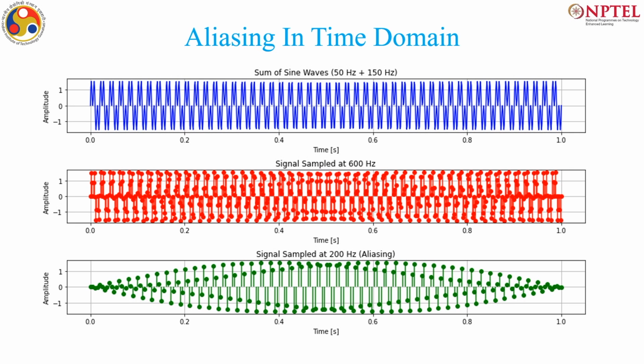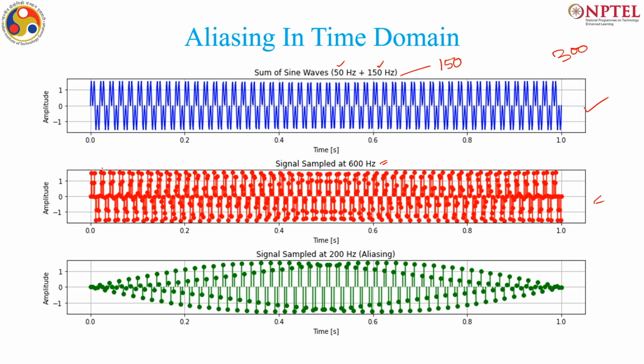The next concept is aliasing, which I just discussed. So, what is aliasing? If you see this diagram, this is a signal which has two sine waves. One is of 50 hertz and the other is of 150 hertz. Now, what is the highest frequency component? This is 150. So, my Nyquist rate should be 300. If I sample at 600, I am still able to get the structure of the waveform.